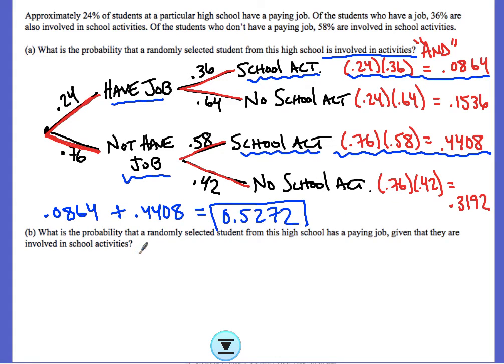Part B, what's the probability that a randomly selected student from this high school has a paying job given that they are involved in school activities? That's a conditional probability. So I'm going to write it out. Has a job given they are involved in school activities.